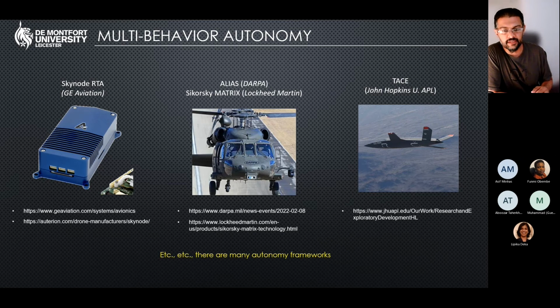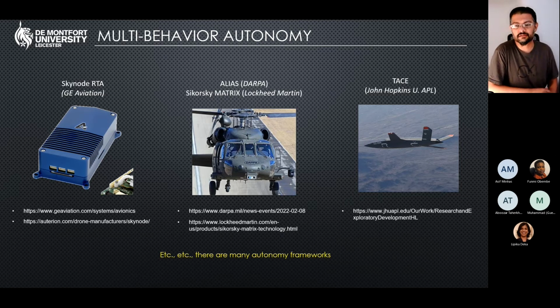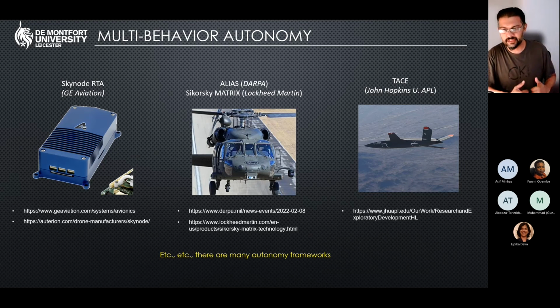In the center, you've got an autonomy framework from DARPA and Lockheed, which basically convert manned helicopters into autonomous helicopters. And then on the far right, you've got Johns Hopkins system, which is kind of like Boeing's Iron Bird. So you basically field the entire system, but never really give it control over the vehicle itself. So it's just kind of in the back seat getting real world input, but it doesn't actually control the vehicle. So it's called a vehicle in the loop.